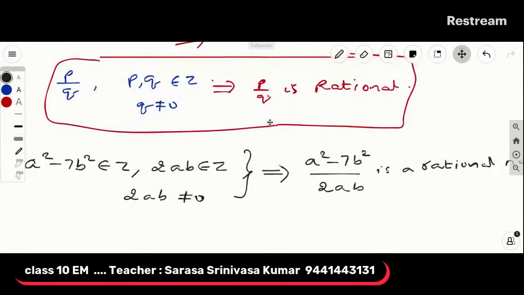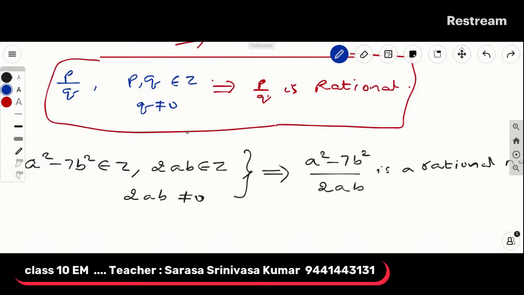Let us see the above definition. If a number is written in the form of P by Q, where P and Q are integers and Q is not equal to 0, then P by Q is a rational number. This is the definition of a rational number.